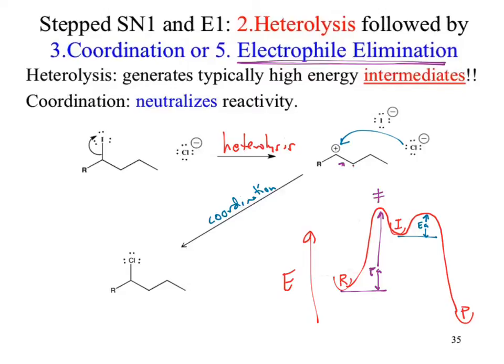So I now look at the first step and I want to define the rate law for that. Rate will equal my rate constant times concentration of the reactants involved in that step. What are the reactants involved in that step? Isn't the nucleophile there?